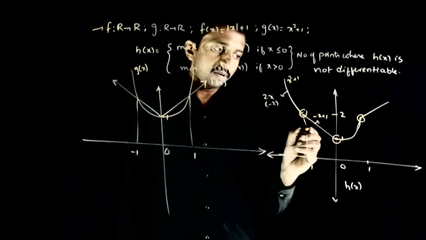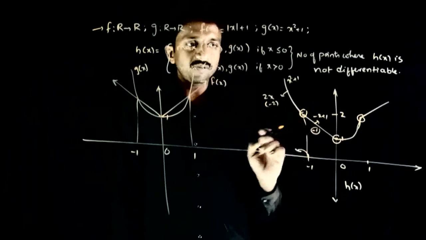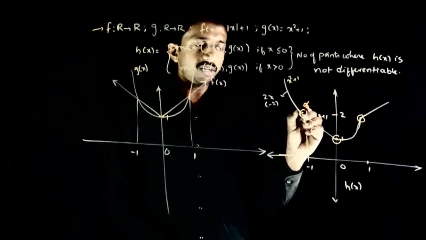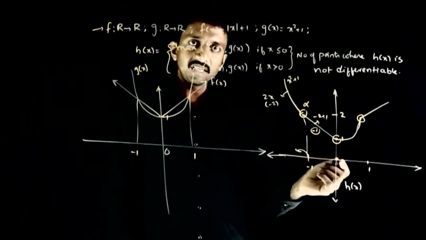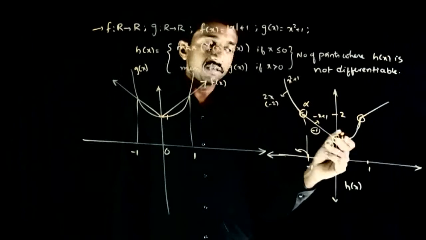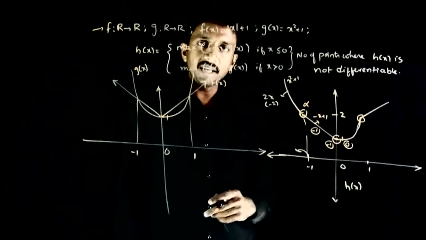So इसका slope जो है वो -1 होगा. इसका मतलब है x is equal to -1 पे लेफ्ट साइड स्लोप -2 है, राइट साइड स्लोप -1 है. सो यहाँ नॉट डिफरेंशिएबल. सिमिलरली x is equal to 0 में लेफ्ट डिफरेंशिएशन इज -1, राइट डिफरेंशिएशन इज 2x, x equal to 0 पुट किया तो 0 है. so यहाँ भी डिफरेंशिएबल नहीं है.